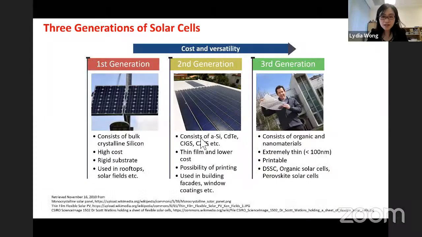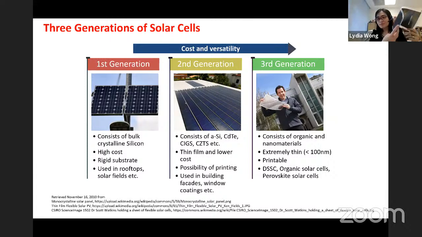In the second generation of solar cells, they use thinner materials. For example, the solar cell that I have now is made of CIGS: copper, indium, gallium, sulfide, selenide. This is extremely thin, and you can deposit it on plastic or stainless steel, and it is very lightweight. It's also flexible.